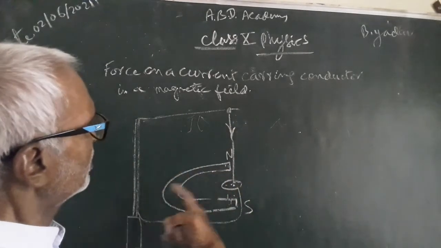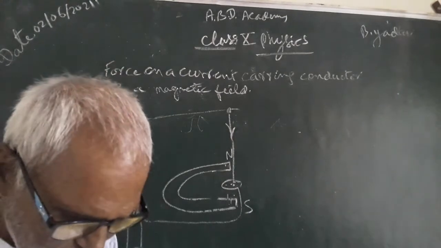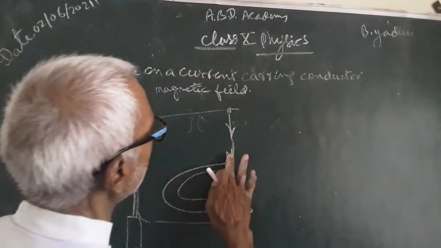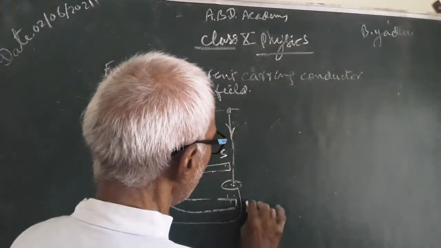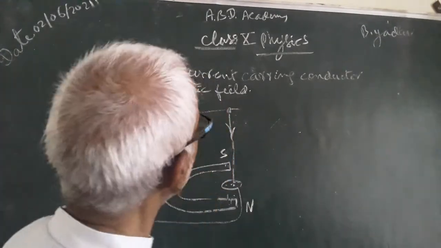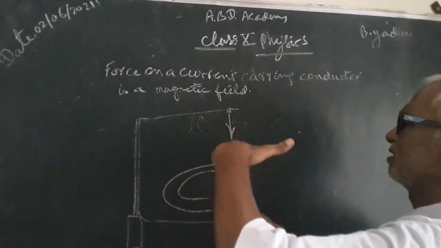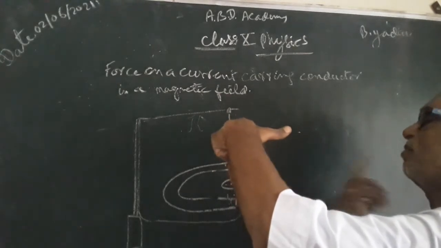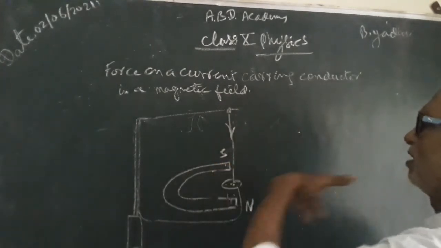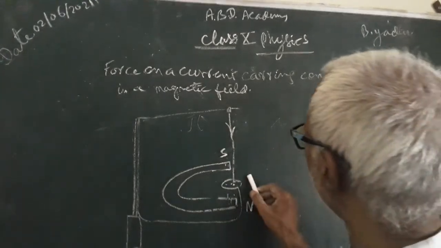But if the direction is changed, suppose the north and south poles are interchanged, then the magnetic field is like this way, current is this way, and the thumb represents the direction in which the wire will swing. It will swing towards the right.